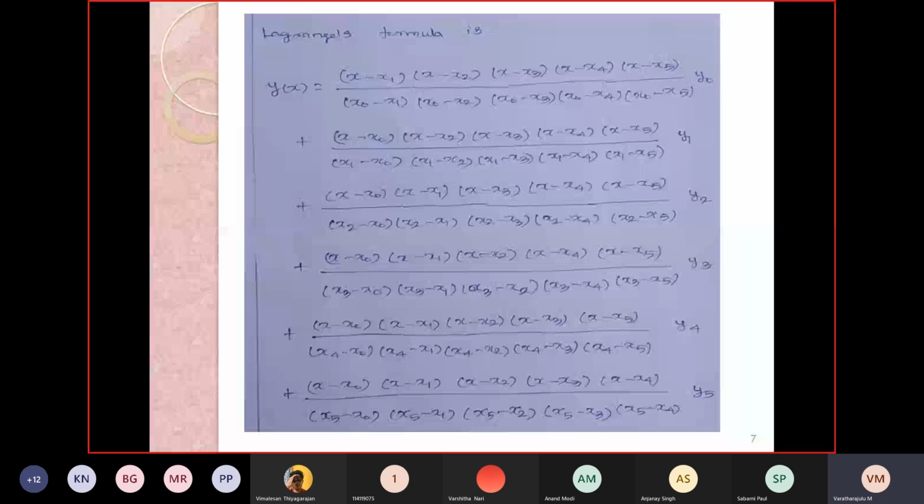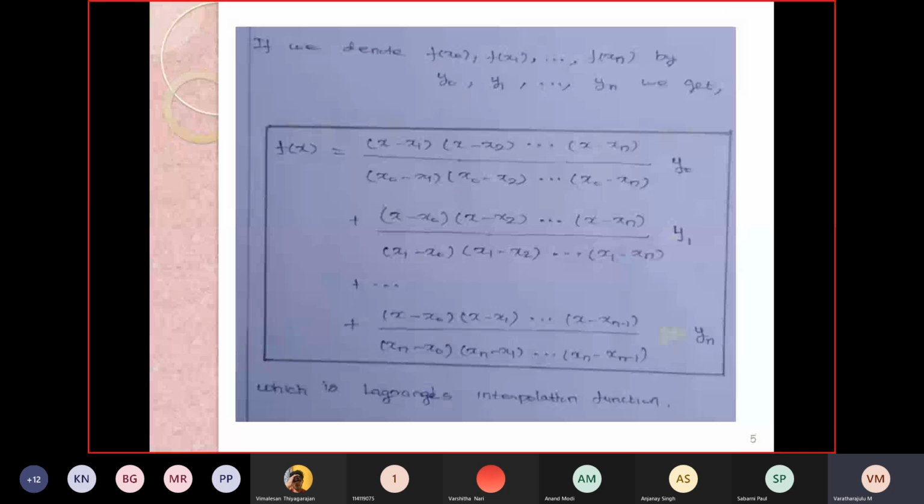When we have unequal intervals, the Lagrange interpolation will assist us to find the unknown. Once we are very familiar with the Lagrange's interpolation, then we will visit Newton's forward interpolation and backward interpolation. And we'll start with the Lagrange's interpolation.